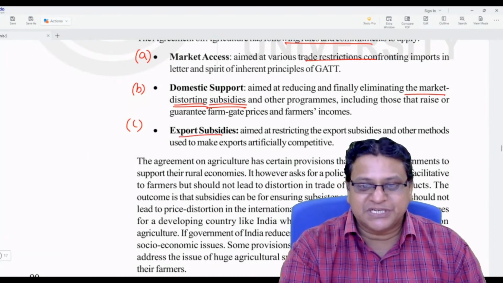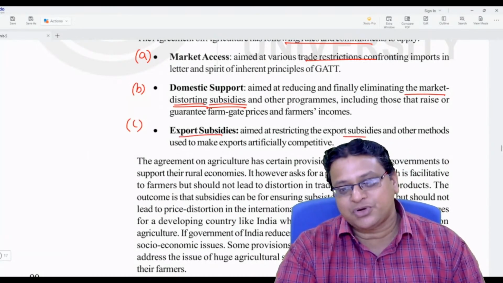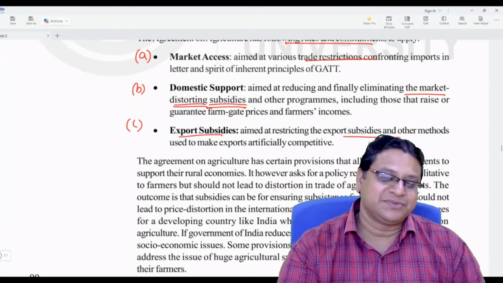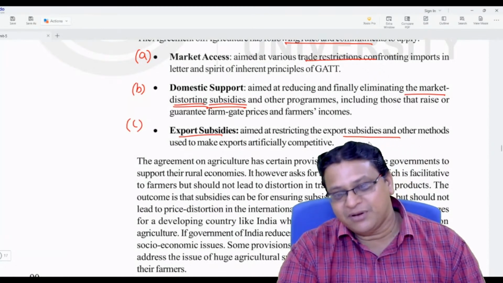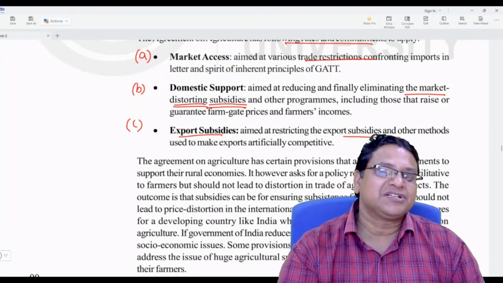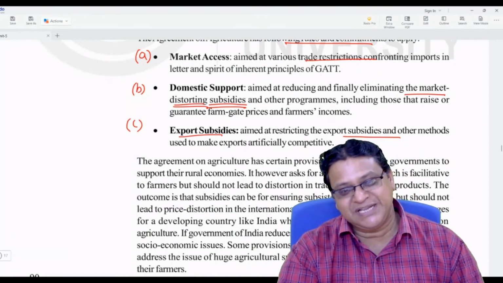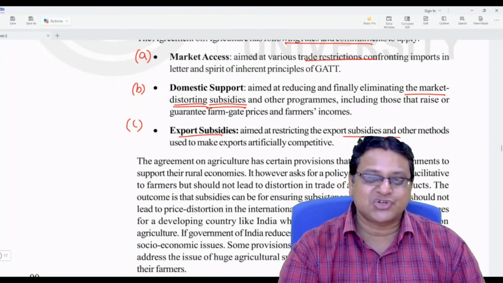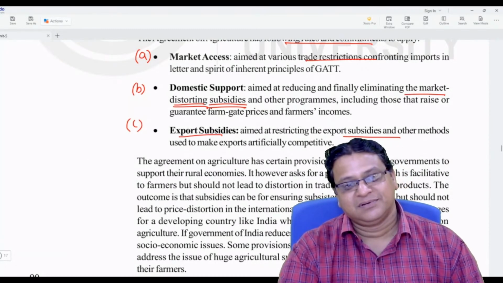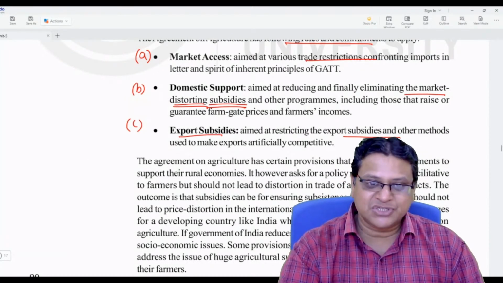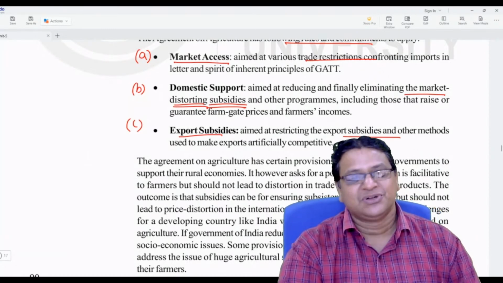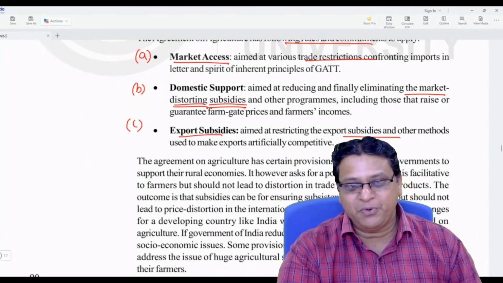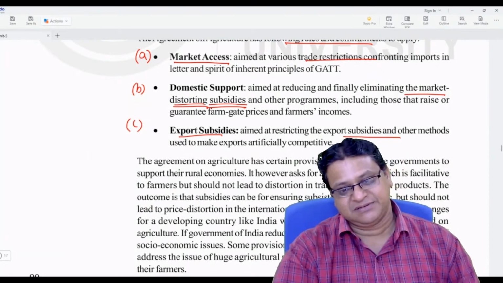Then export subsidies. It aims at export of goods and services. Once a person or company is involved in export activity, the government provides some subsidies, and these subsidies reduce the cost of the exporter. So the countries agreed in the agreement on agriculture to have market access for agricultural commodities and to reduce the subsidies under domestic support and under export subsidies.